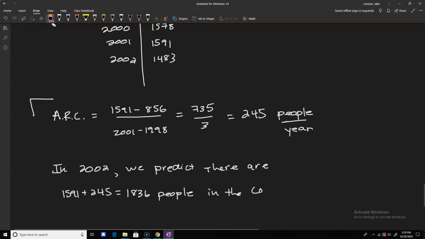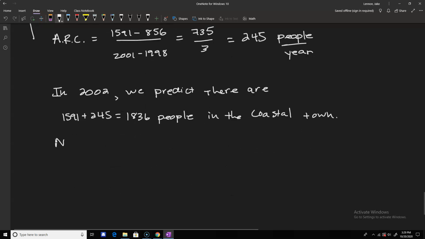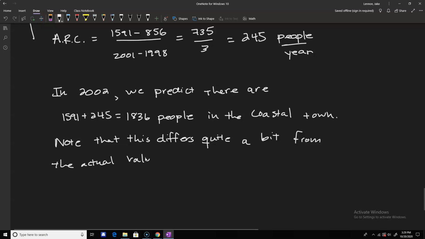So notice that's actually not a great, well, it differs quite a bit from the actual value of 1483.